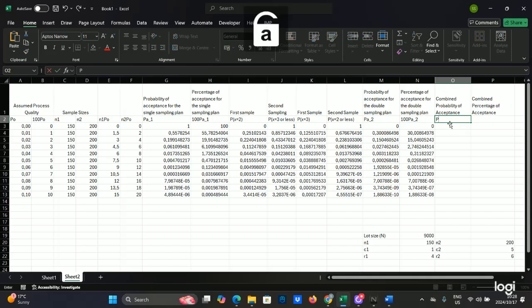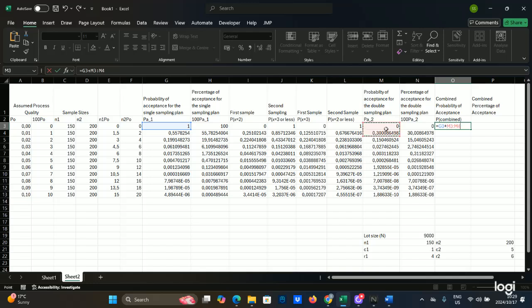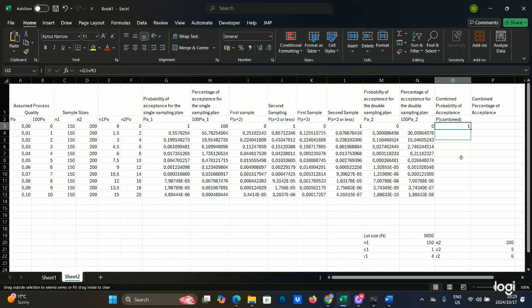So I'm just going to name this P combined, which is given by equals to the sum of this. So this is the probability of acceptance for the first sampling plan plus the probability of acceptance for the second sampling plan, and this is the combined probability of acceptance, right? And then you can drag this.